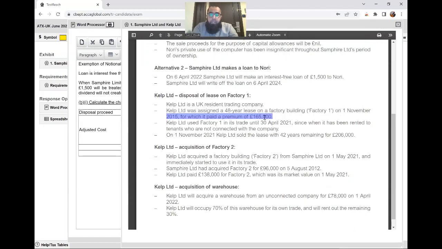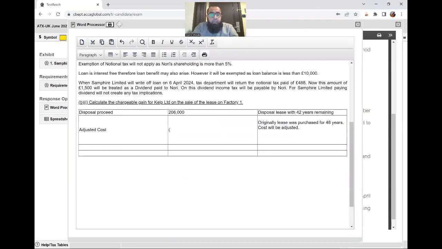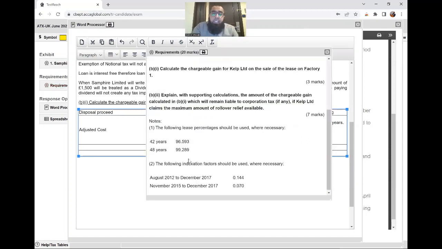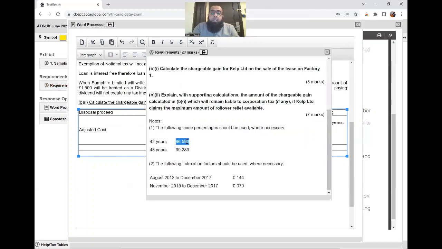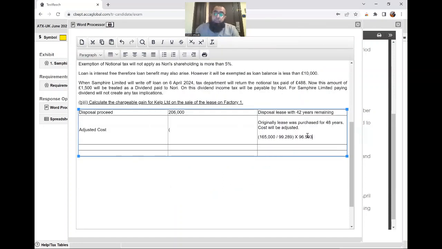Our cost was 165,000. We will divide it by the 48 years percentage. Instead of using the years in the lease, we use these percentages: 99.289%. We divide by the 48 years percentage, and we multiply it by the 42 years percentage. The 42 years percentage is 96.593. I will repeat it again, so don't worry.